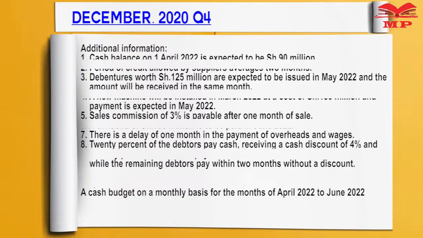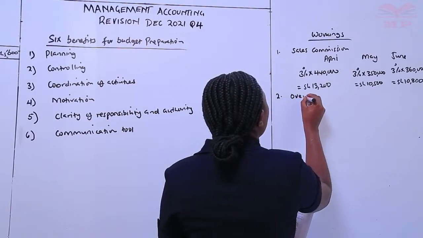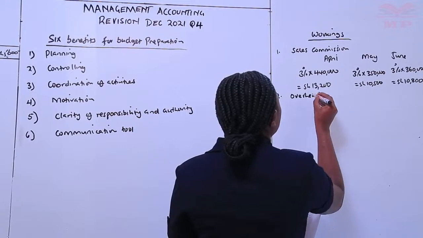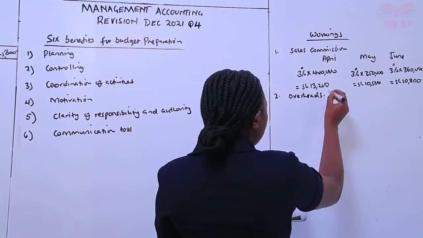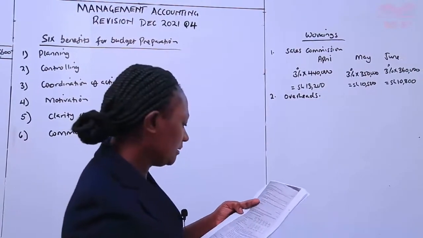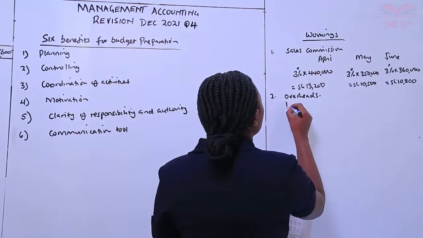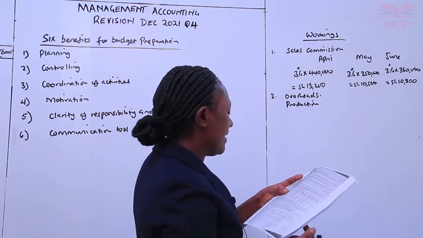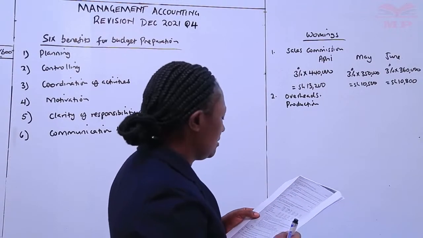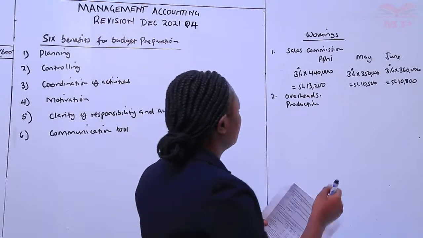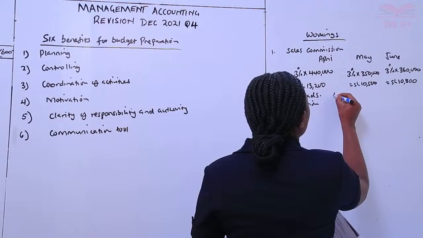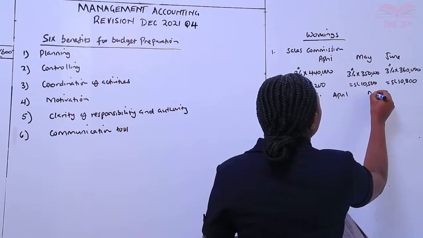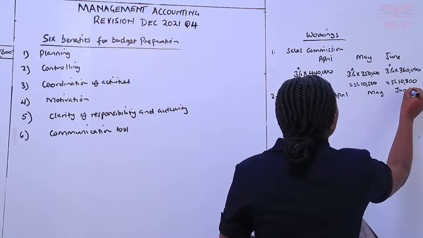We've been given the overheads. So we have note number 2, overheads. So the overheads here are including production. So what will we pay in April for production? April, May, and June.